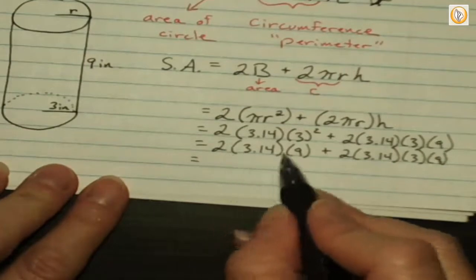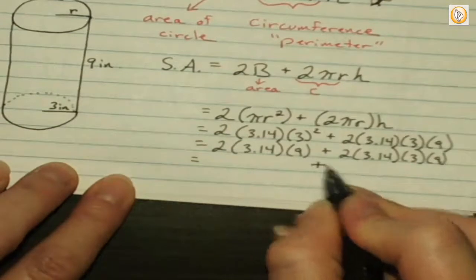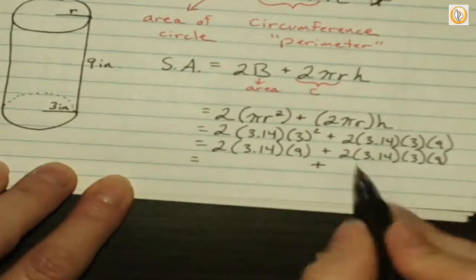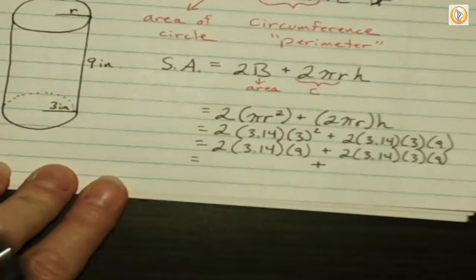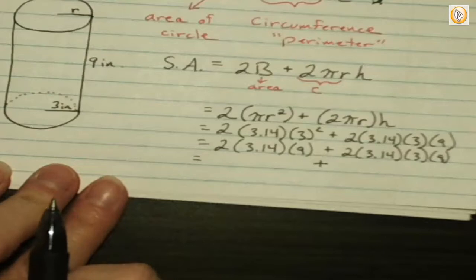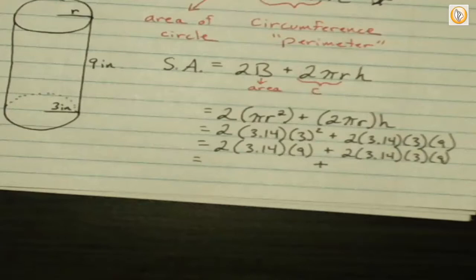So multiply these together, and then multiply all of this together, and then we'll add the 2 together. Then don't yell anything out. You do the math, and then I'll write down the answers and see if you get it right.